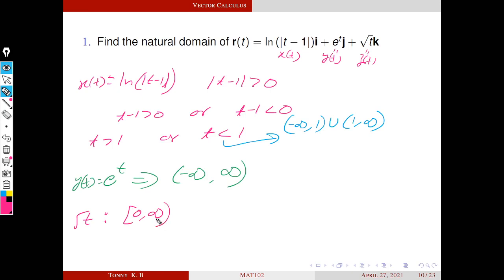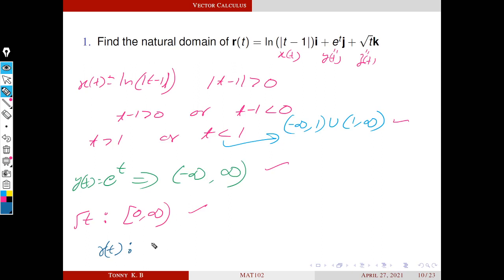Now we have all the natural domains. The natural domain of x of t is here, y of t is here, and z of t is here. So how to find the natural domain of r of t? You have to take the intersection. So in the case of r of t, what is its domain? You have to take all the intersection.